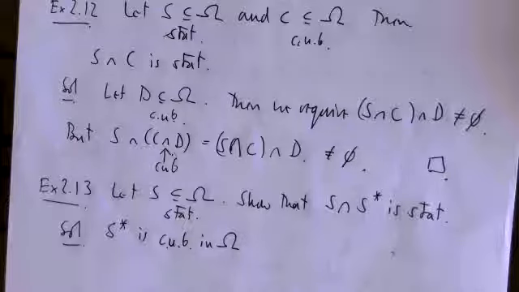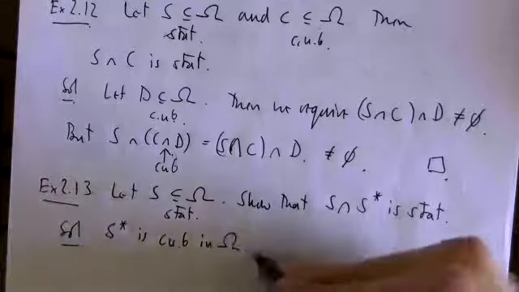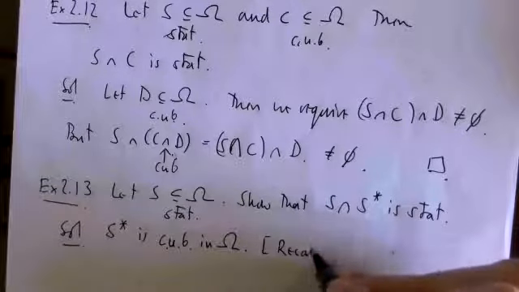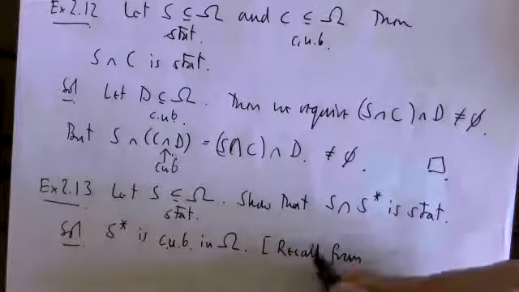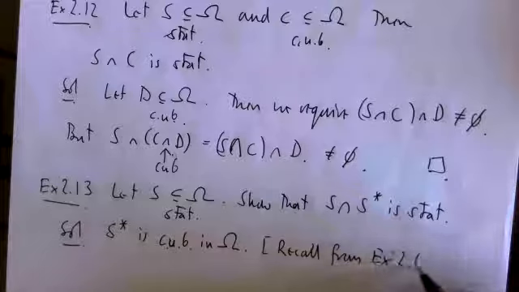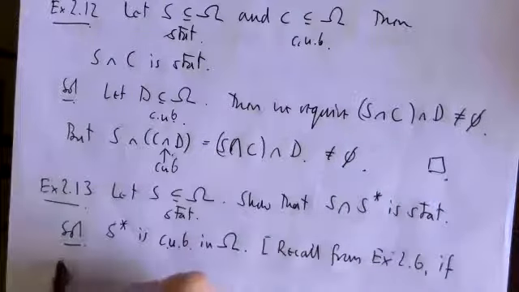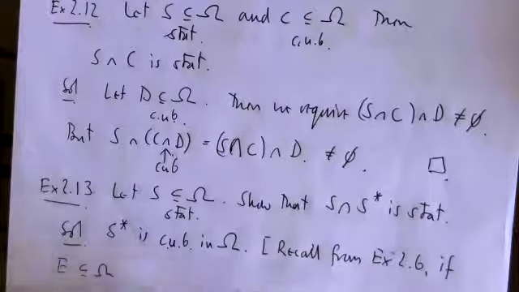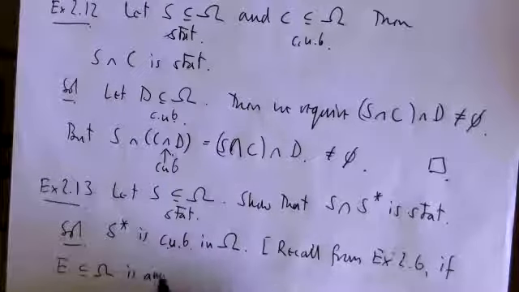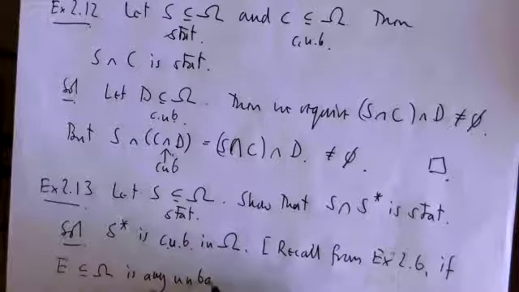This is exercise 2.6. So let's recall: E contained in omega is any unbounded set. It doesn't have to be stationary.